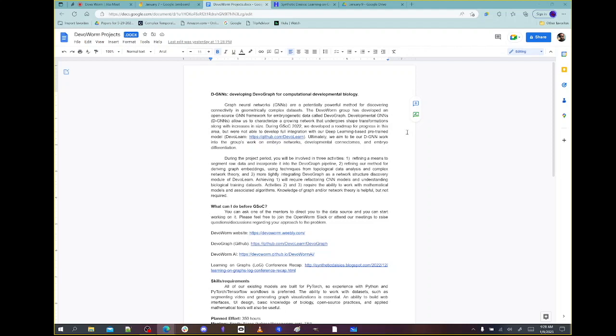And so in this project, last year we did this pipeline where we took DevoLearn, which is our existing software, and we refactored part of it or rewrote it to optimize it for this sort of application.